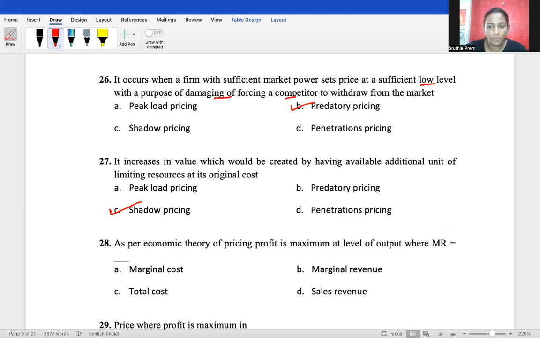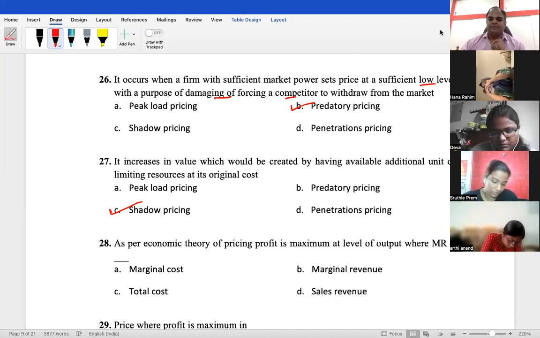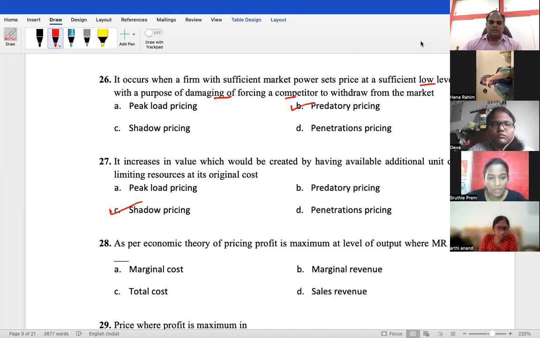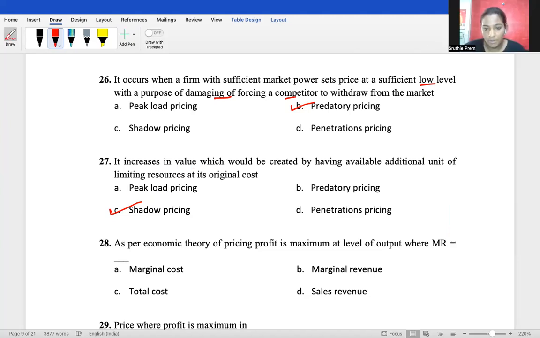We are going to add the opportunity cost concept, shadow pricing. As per the economic theory of pricing, profit is maximum at the level of output where marginal revenue is equal to dash: marginal cost, marginal revenue, total cost, sales revenue. So MR is equal to marginal cost. MR is equal to MC.